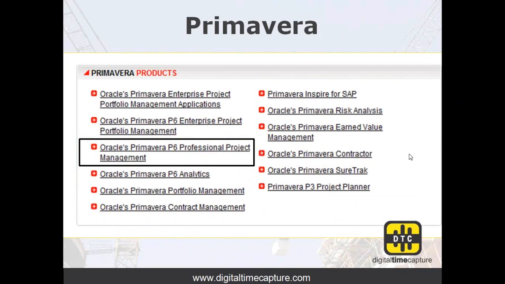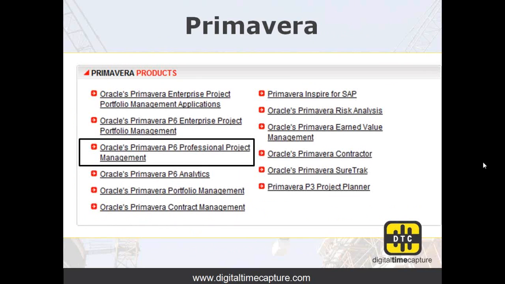So I wanted to put things into perspective, because when we say that we integrate with Primavera, that's a fairly broad statement, and Primavera has a lot of different product offerings.